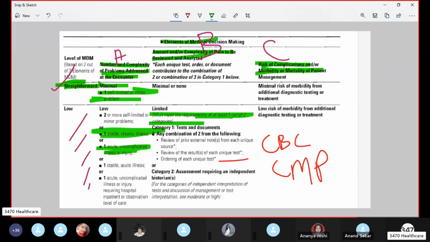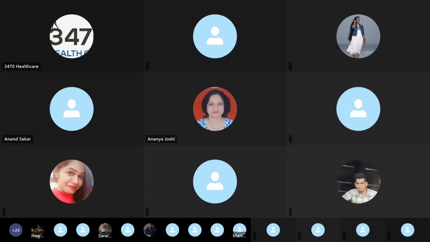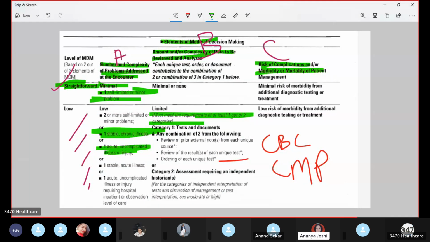Why are you saying it's not warranting? I'm telling it's warrant. Why? Here it is clearly stating it must meet the requirement of at least one out of two categories. So warranting category 1. I'm telling category 1, under it how many things do you need?